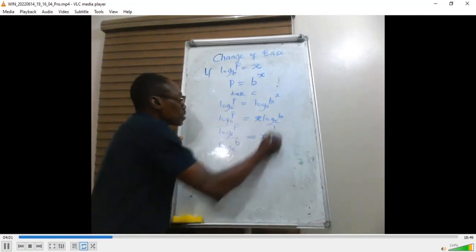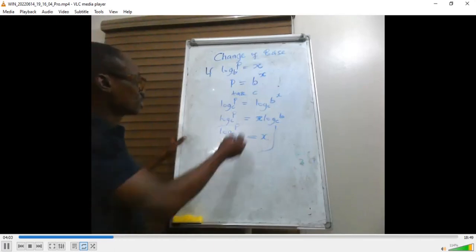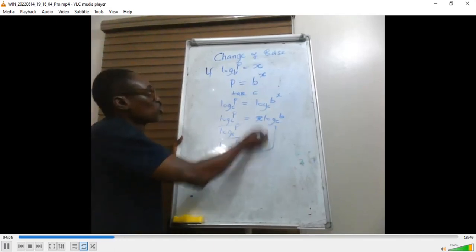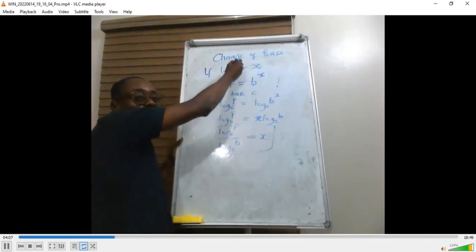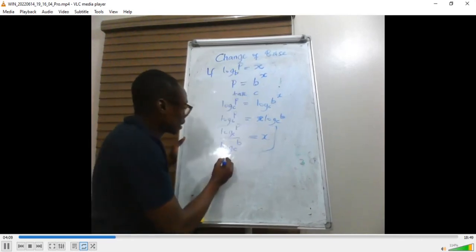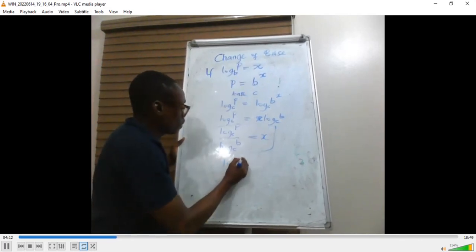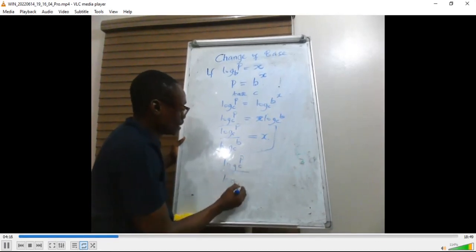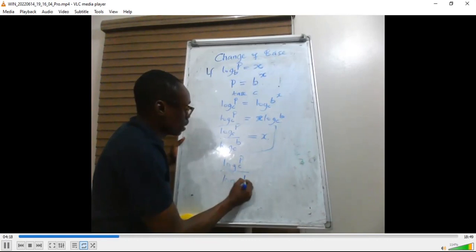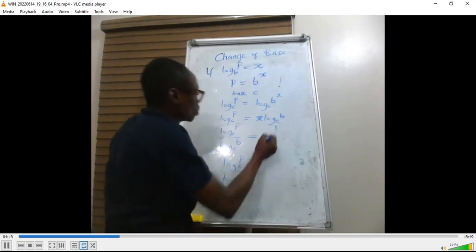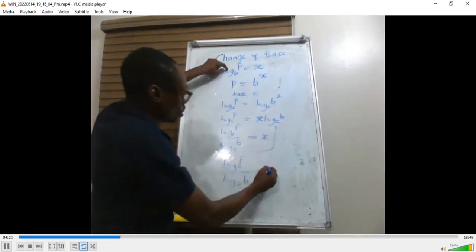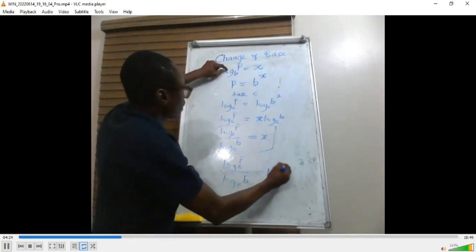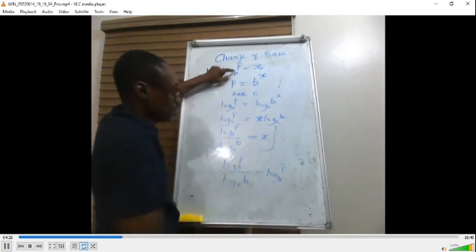Originally x was what? x was equals to log p base b. So we can say that log p base c over log b base c is equals to x, and x is equals to log p base b.